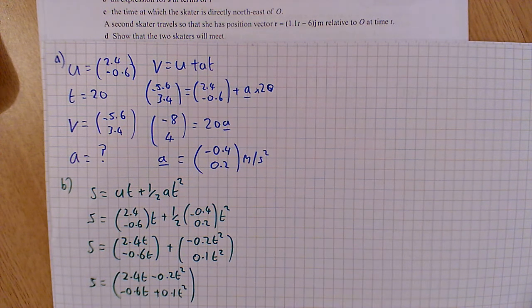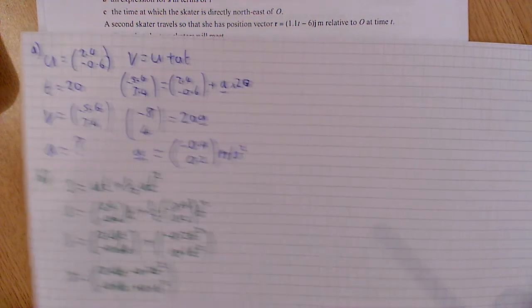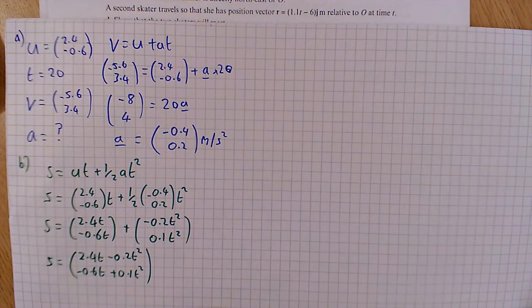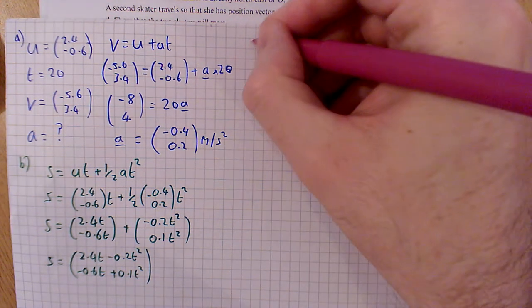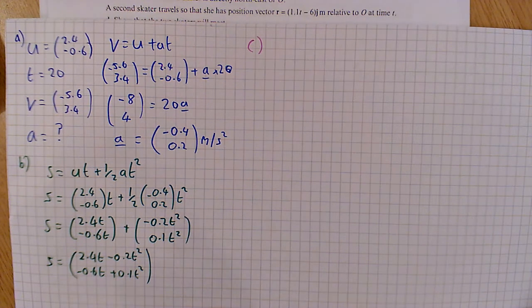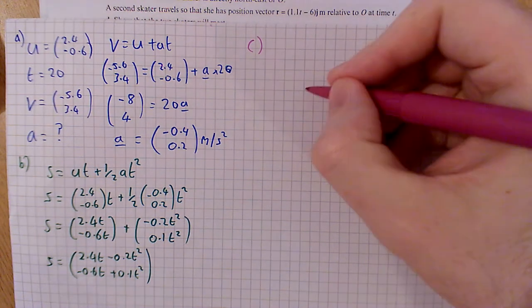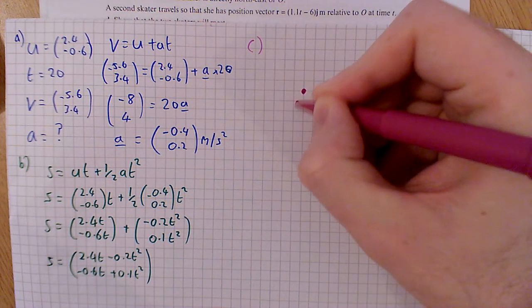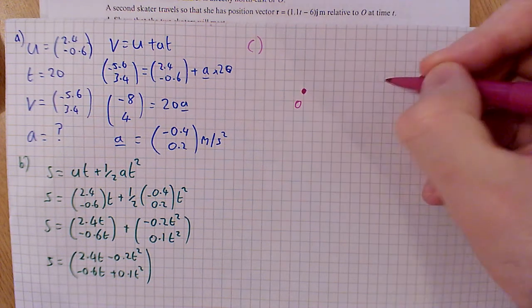For part C, we're looking at the time at which the skater is directly northeast of O. So for part C, if we drew a little diagram, if this was the origin, to be northeast, this is north, this is east.